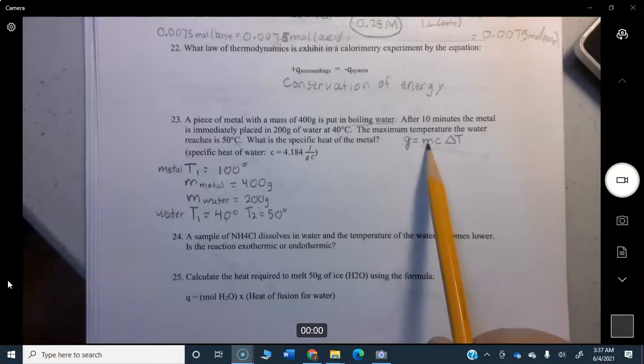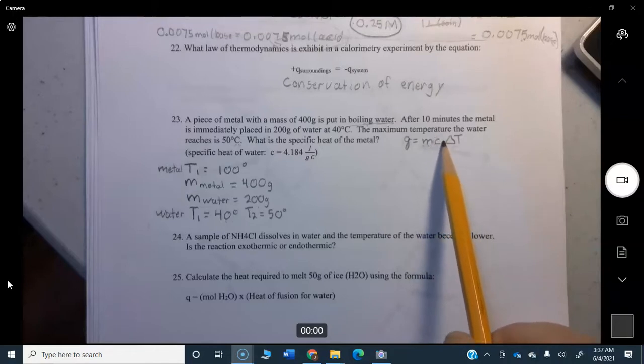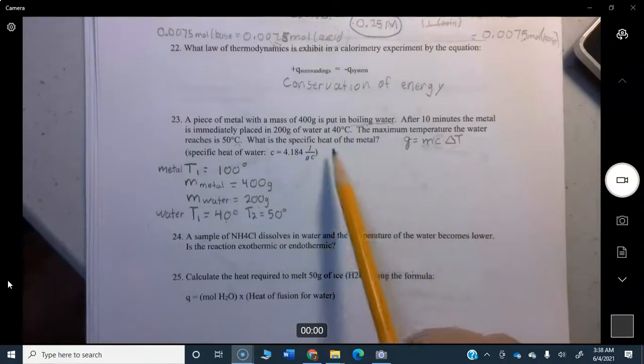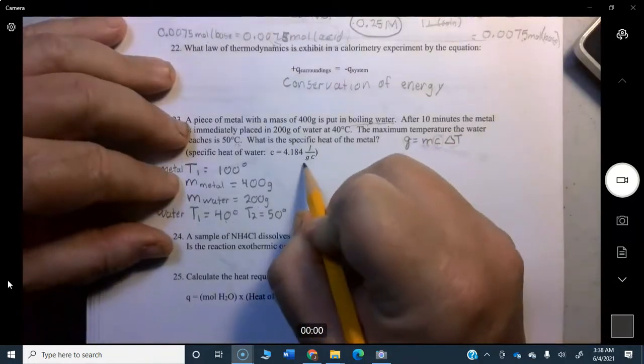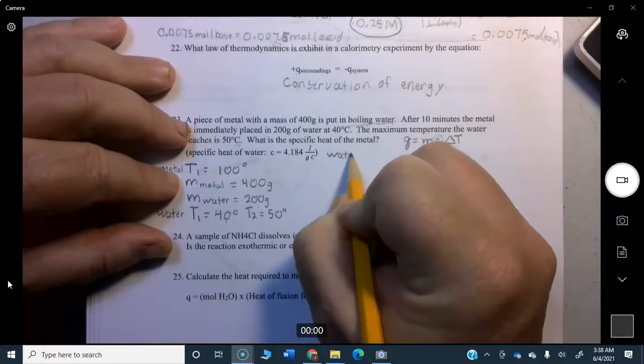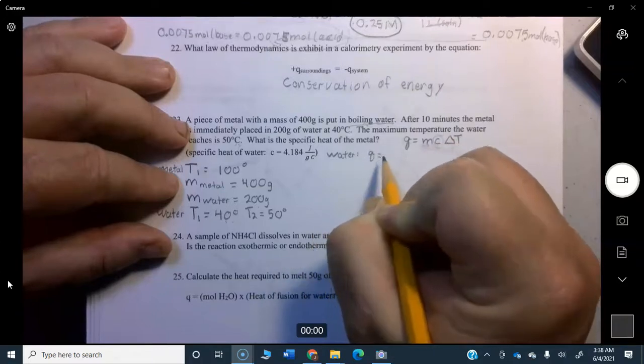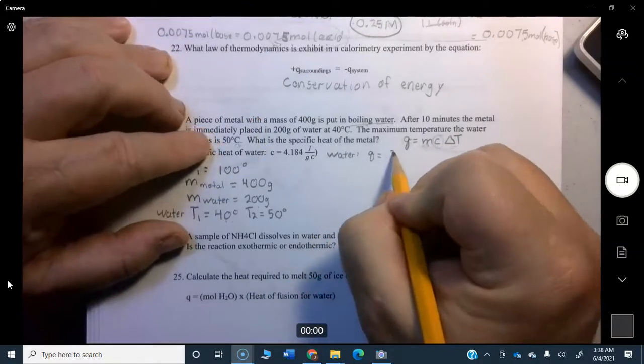That's the same as the heat that went into the water. We know the mass of the metal, and we know the temperature change of the metal. So therefore, we can figure out the C, the specific heat of the metal, and that's what the question's asking for. So let's go ahead and do that. So for water, we have Q equals, the mass is 200 grams.